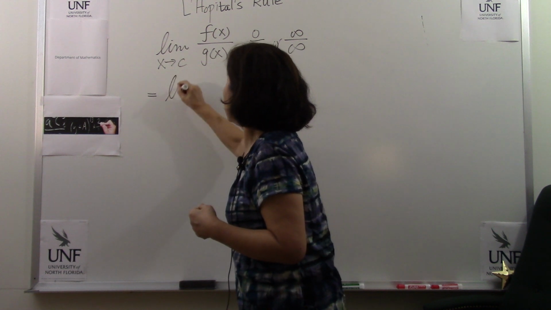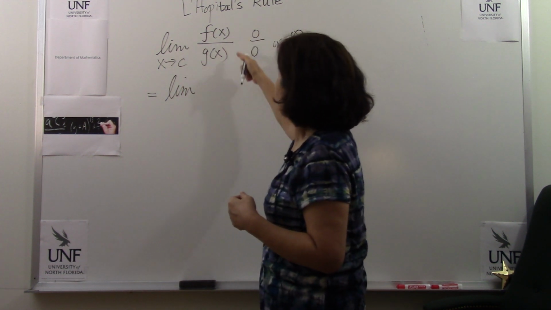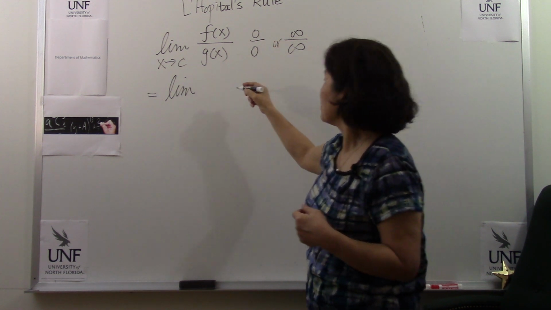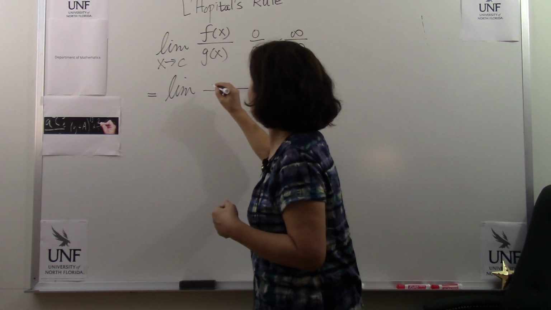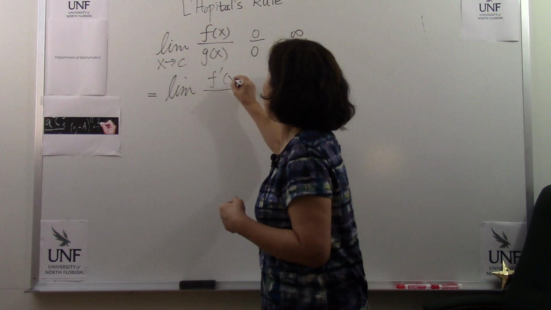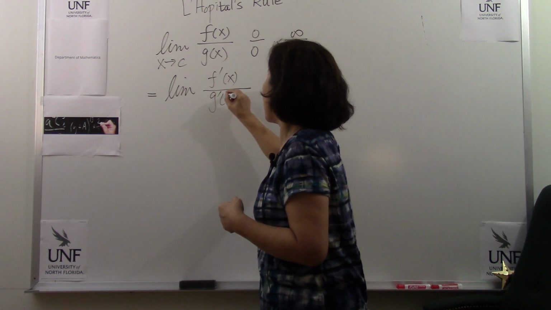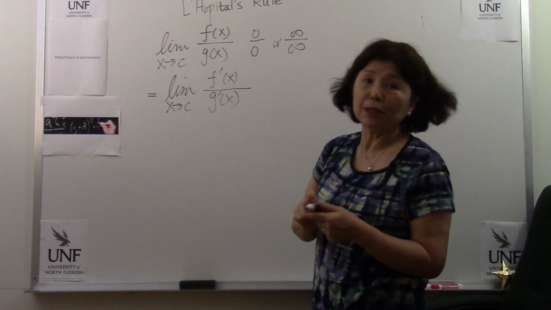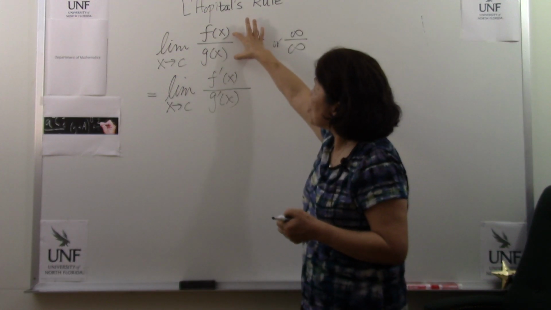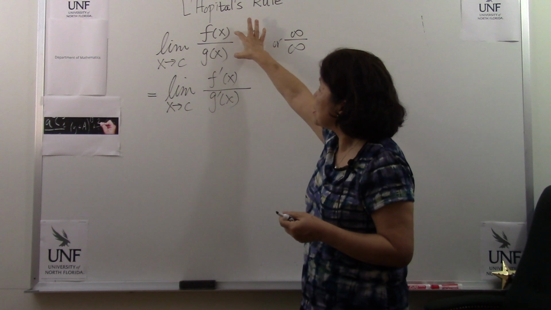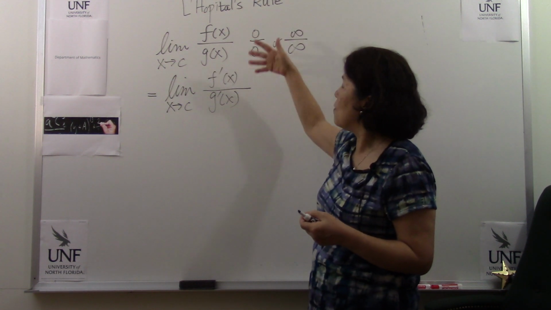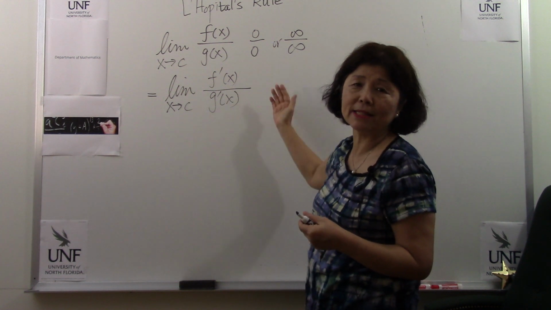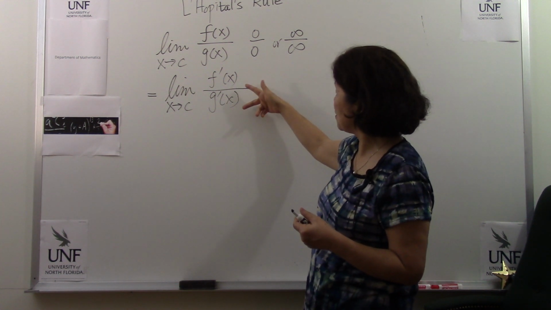The thing is, limit. If it turns out that we have an indeterminate form, then what you can do over here is f prime of x over g prime of x, and the same limit. In other words, we cannot determine the value of this limit, and then let's see this time if we can determine.